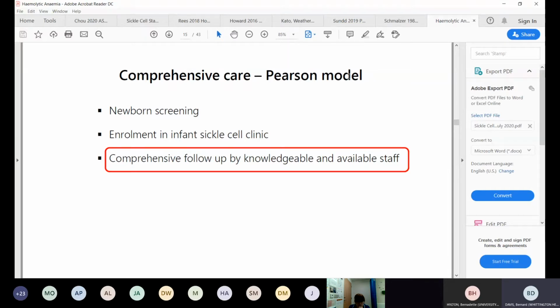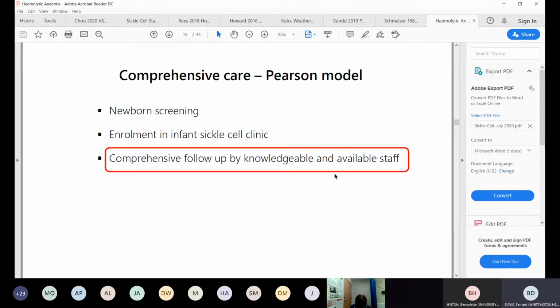Now, I've mentioned this as the Pearson model because Howard Pearson is a physician in the States who came up with this idea, which still forms the basis of much of the care that we give to these patients, where you screen them at birth, pick them up and diagnose them early, enroll them in infancy, around 2 or 3 months of life, and be able to care for them from that point on. And I've highlighted this here, which is relevant even in adult patients, which is follow-up or care by what he described as knowledgeable and available staff.